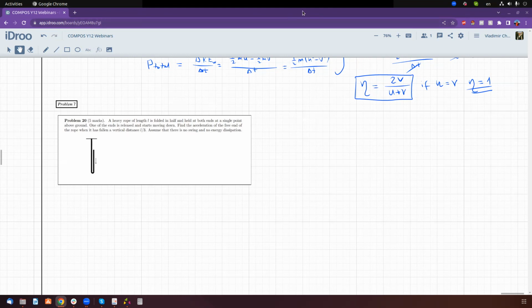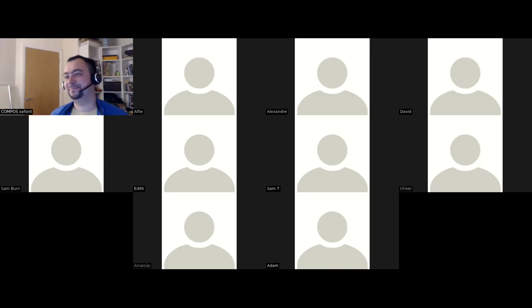All right, so I hope this was useful. This problem 7 is interesting in that it's pretty much unsolvable if you're trying to use laws of motion.